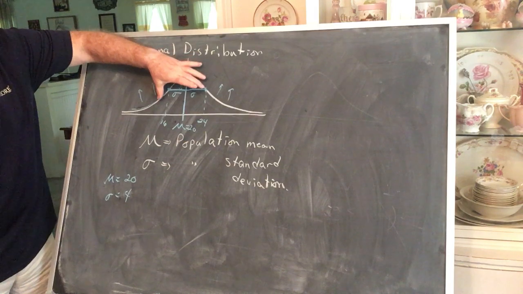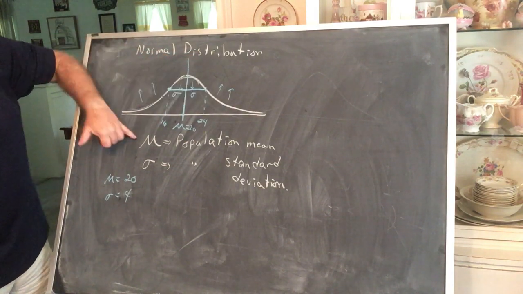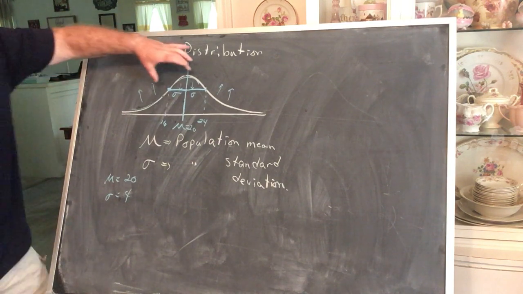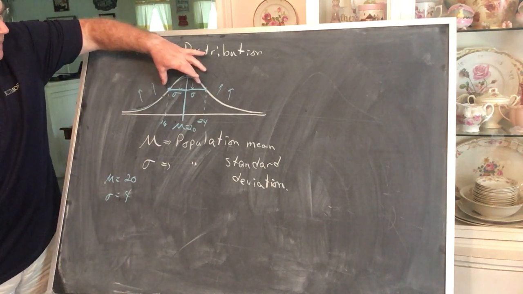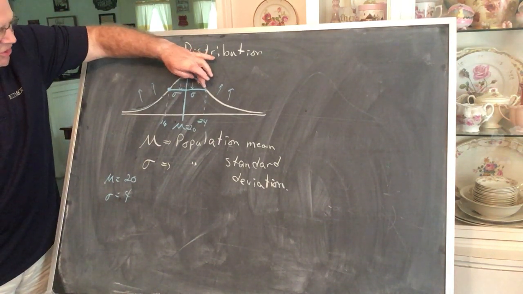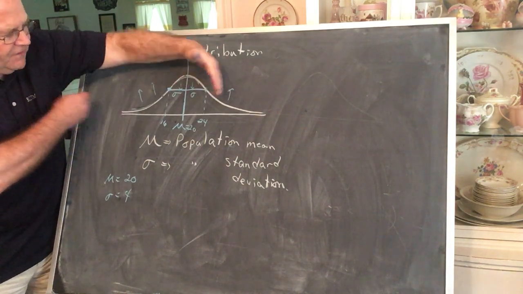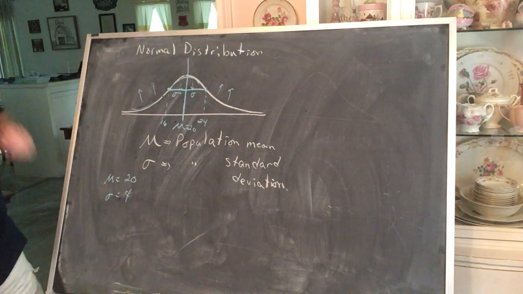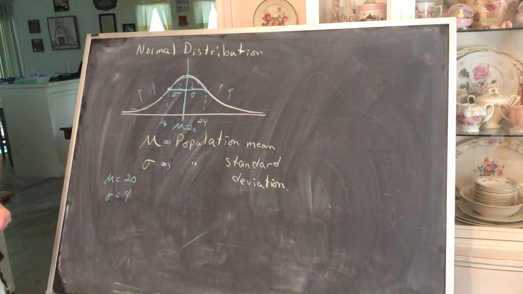So the center of this curve, where it's located, is determined by mu, the population mean, and the distance between the center and the change of concavity, the width of this curve, how tightly clustered or how loosely dispersed, is determined by the standard deviation. Now, we've talked before about what the standard deviation means.